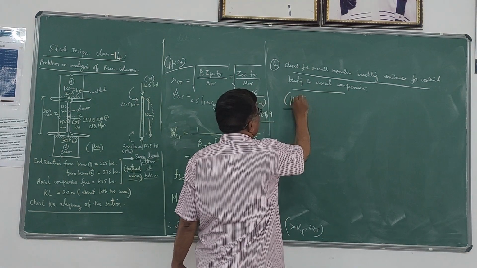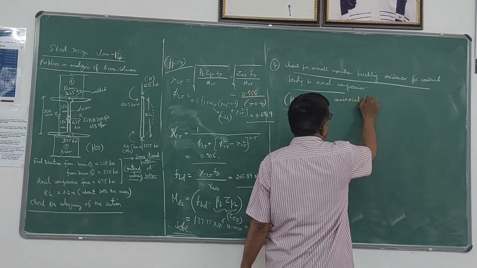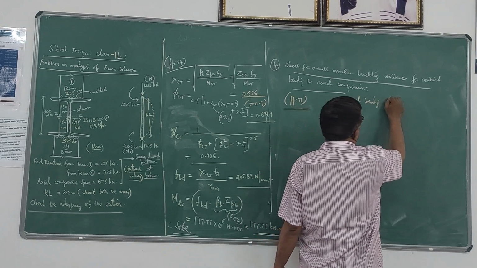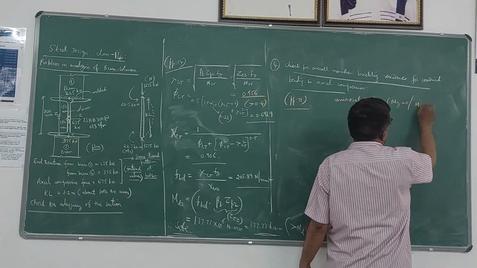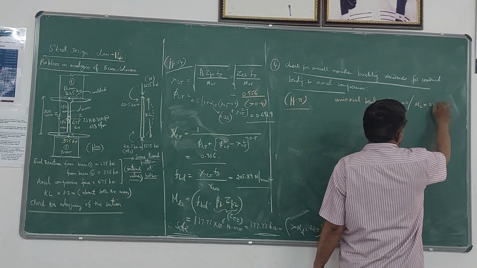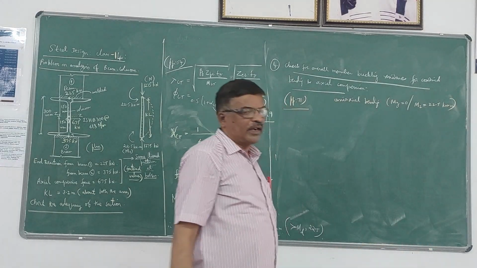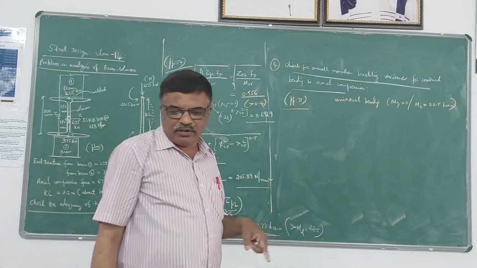Please note that this is a uniaxial bending case where the moment is given in only one direction. So MY is 0 here, and MZ is 22.5 kilonewton meter. If it were biaxial bending, both MY and MZ would be there.